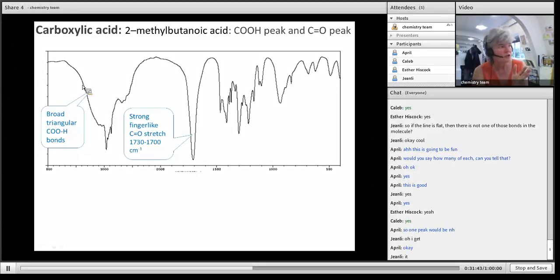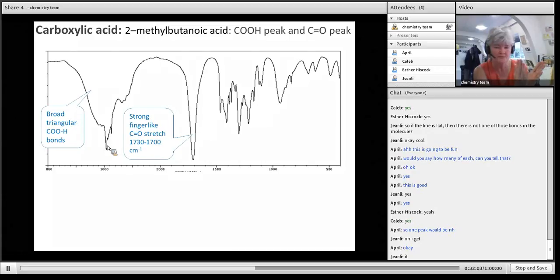The carboxylic acid triangle centers more or less around your alkyl, roundabout 3,000. So just look where the apex of that triangle is. Where exactly it is will help tell you.